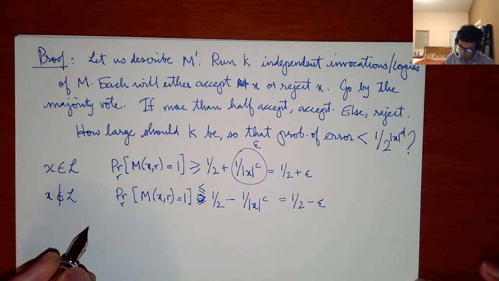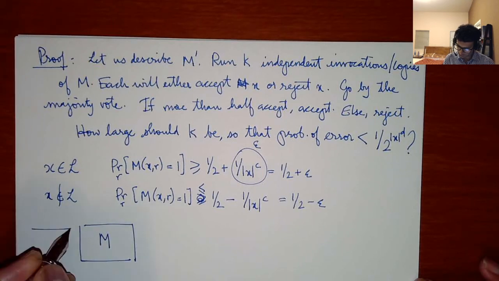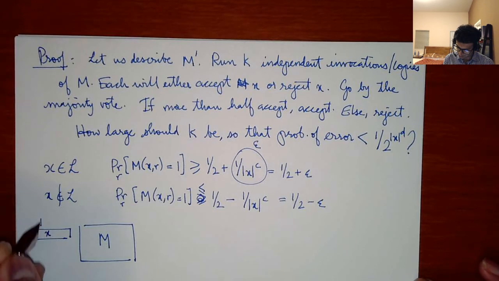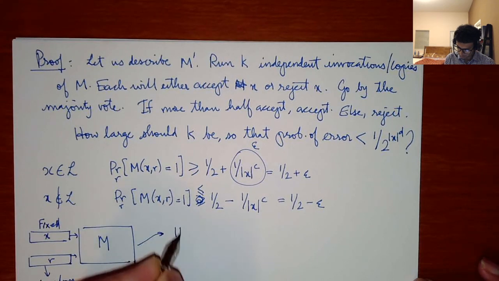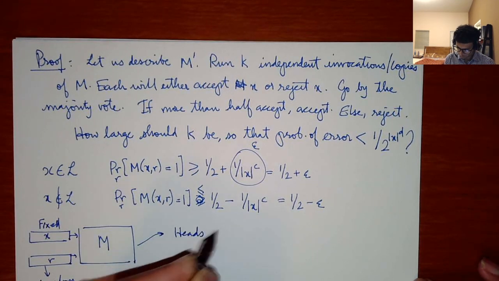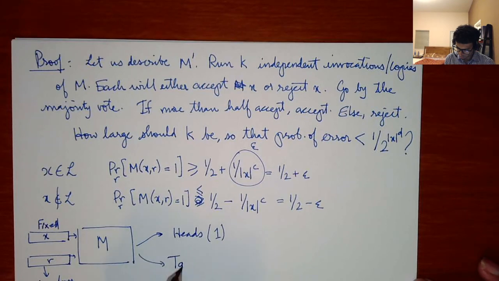We can think of this entire box M. You fix X, so this is fixed. R is random. Both of these are being fed, and it outputs either heads, which I'll think of as a 1, or tails, which is 0.